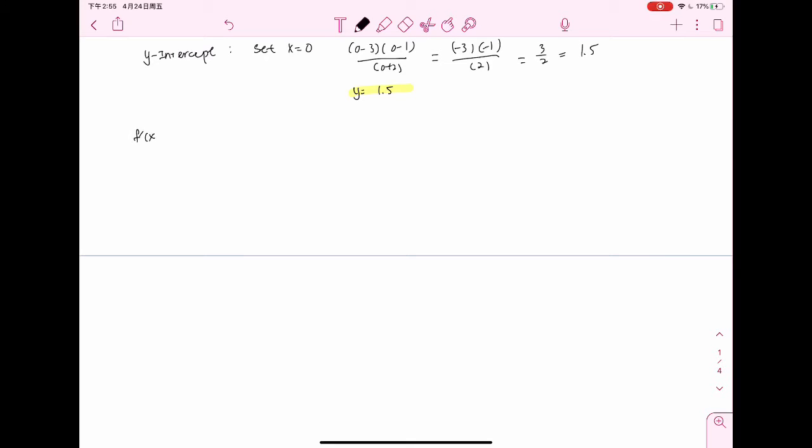Next, I solve for the first derivative of the equation to know the increasing and decreasing regions, also the critical points.